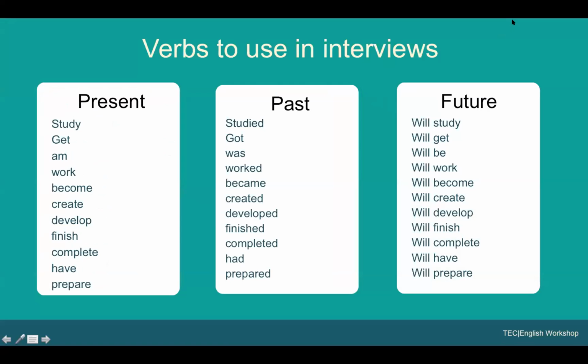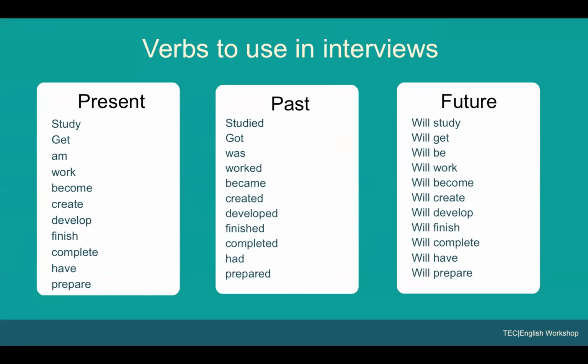Okay, I thought I should go over them, because even I make some mistakes sometimes in these verbs, and we use them a lot in interviews. Even native speakers of American and British English make a lot of mistakes in these verbs. For present, past, and future: study in the past is I studied.